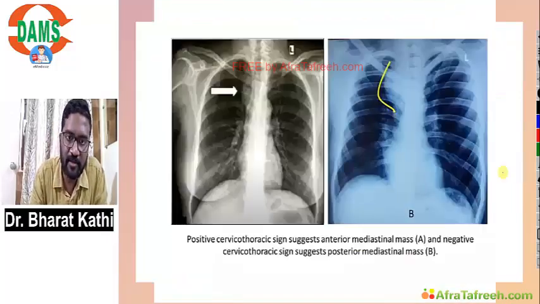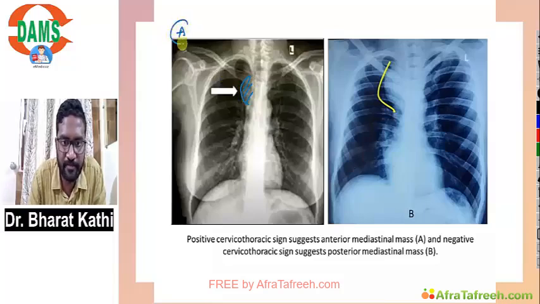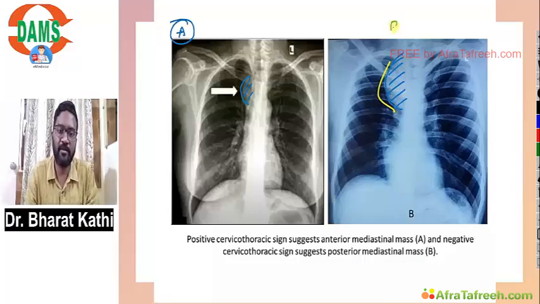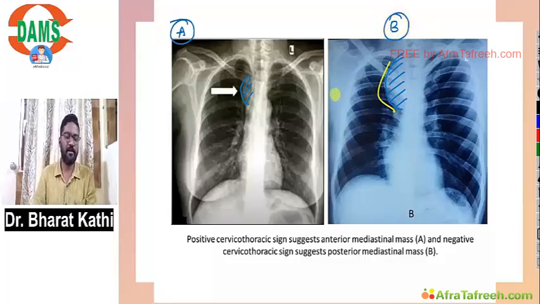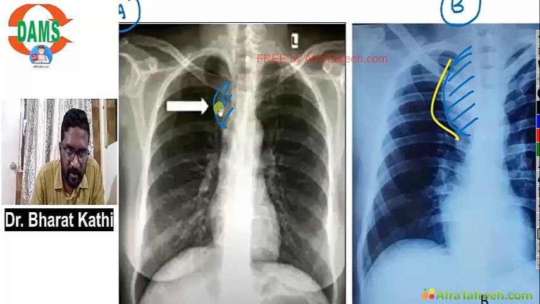For this, I'll give you some X-rays. Now, this is a positive cervicothoracic sign. This is X-ray A, whereas this one is extending above the clavicles and is clearly visible. Out of A and B, which is the anterior mediastinal mass and which is the posterior mediastinal mass? See here, this is only seen up to here.